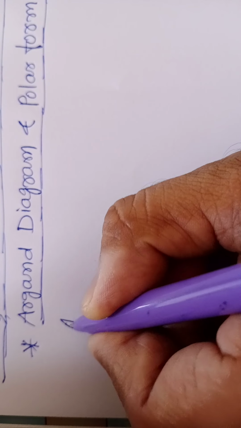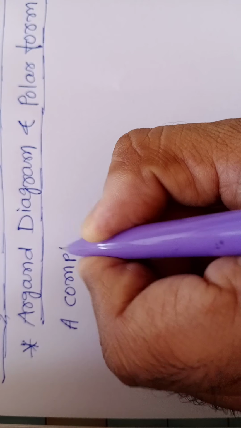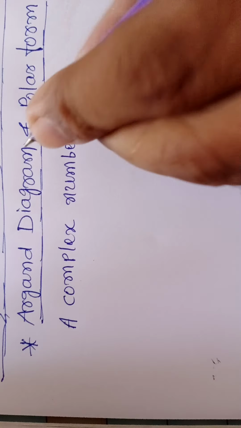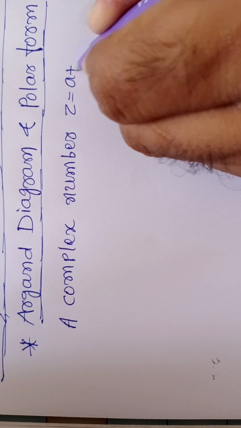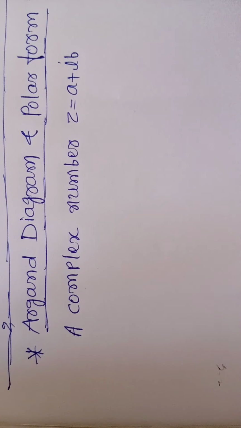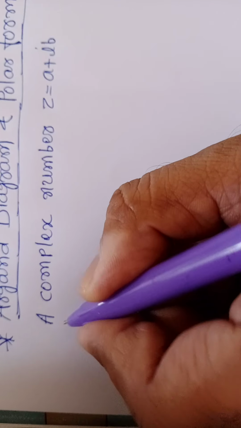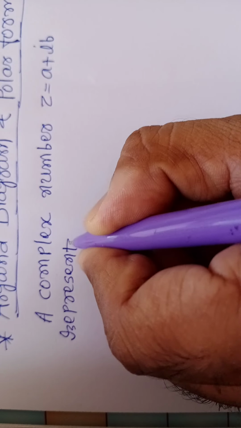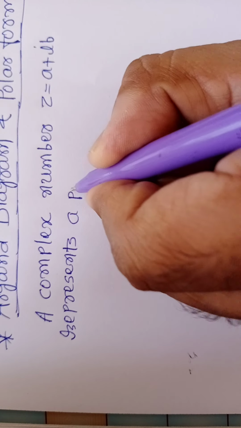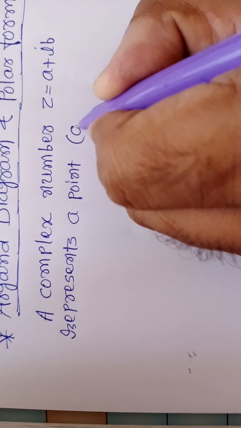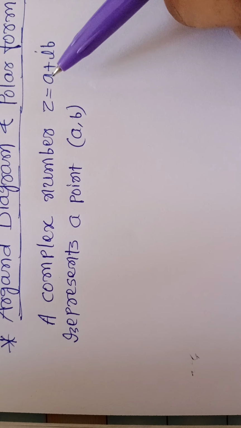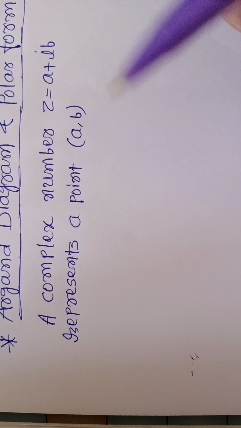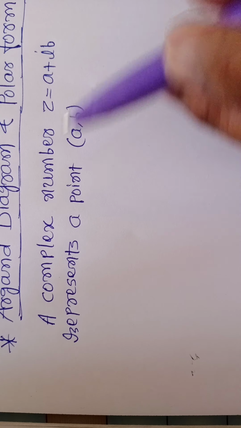So first of all, I write any complex number z equals a plus ib. This kind of complex number represents a point (a, b). See here, a plus ib represents a point (a, b), and you know that this kind of point we have to plot in a Cartesian coordinate system.